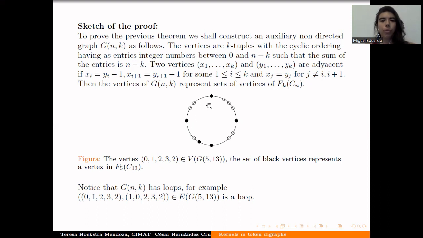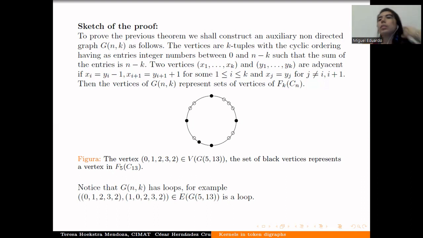Then I have 2, then I have 3, and then I have again 2. So this would be a vertex in my graph G_{13,5}, the vertex (0, 1, 2, 3, 2). Of course, I can name this vertex starting with the 2 and ending with the 0, or starting with a 2 and ending at a 3. It's all the same because I am taking the cyclic ordering.